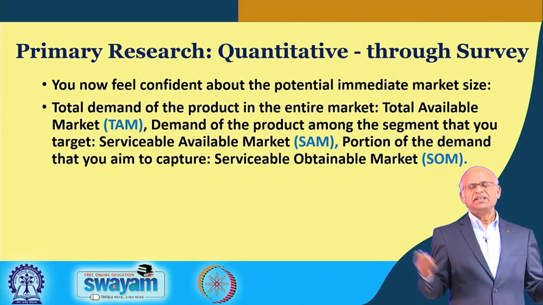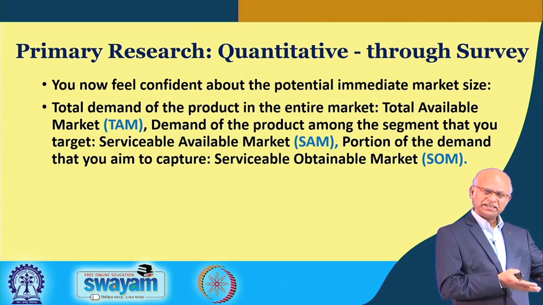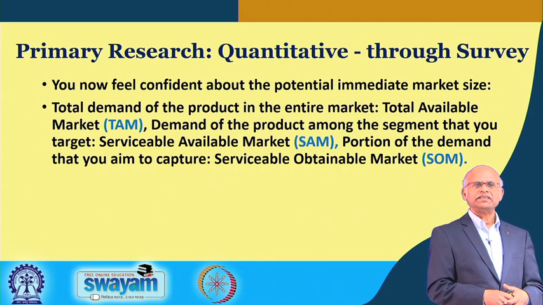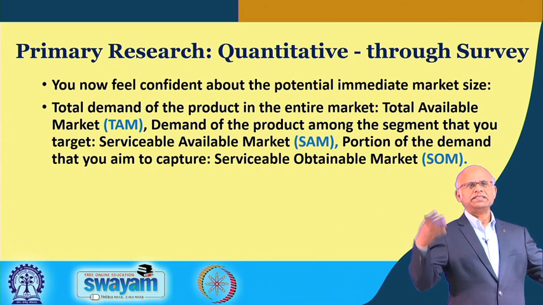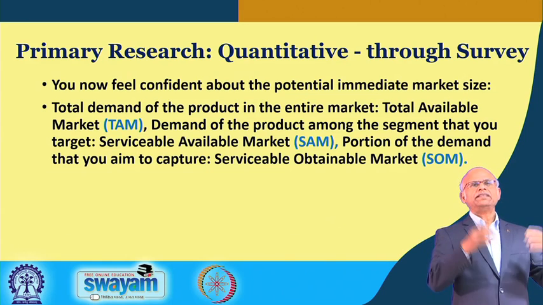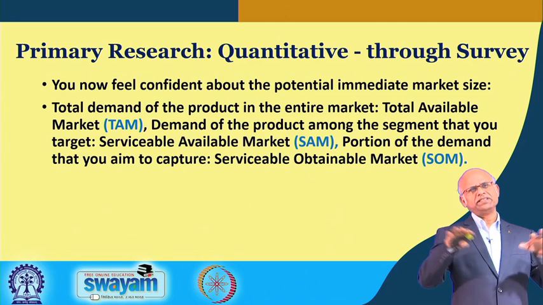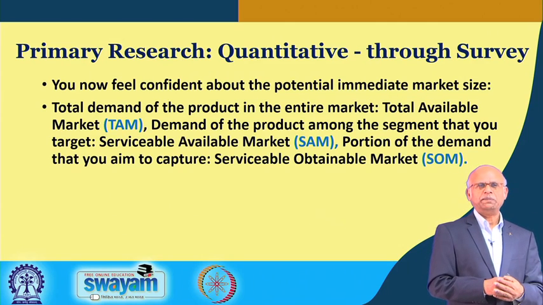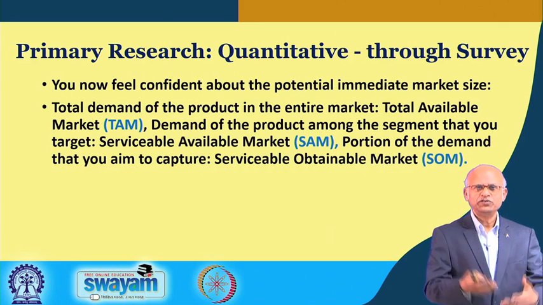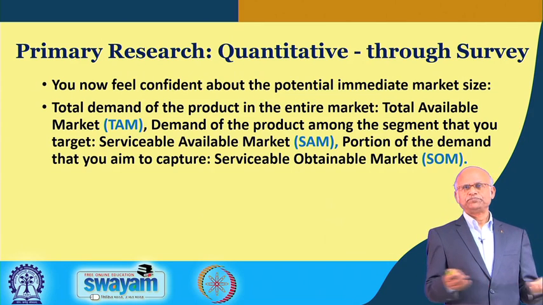In the country, if you have the data about the people within this income bracket, you can tell that this is the total available market in the country, but your target is a particular geographical area. If that area is some percentage of the entire country, multiply with that percentage, and you have the serviceable available market. Now, out of them, those who are immediately willing to buy are your serviceable obtainable market.